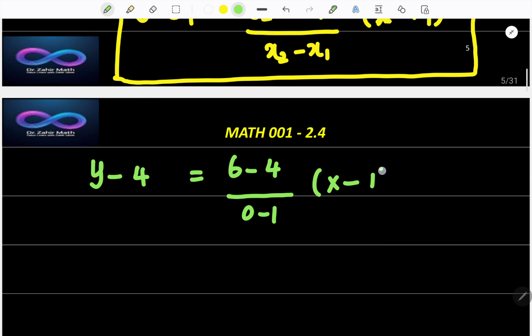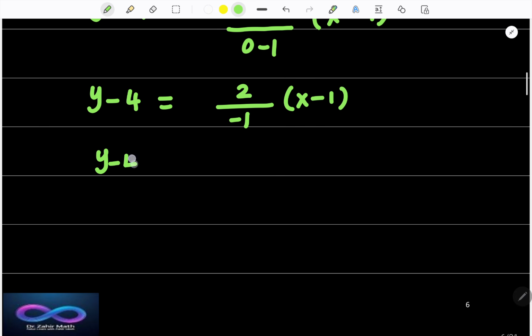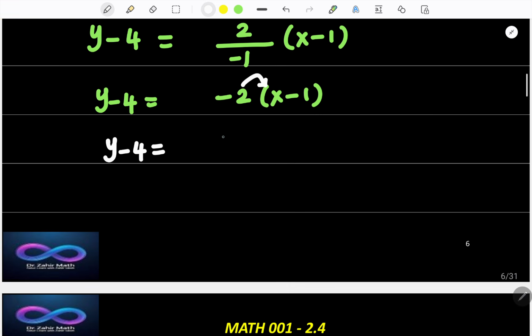What is your x1? 1. Now we need to simplify this. Y minus 4 equals 6 minus 4 is 2, divided by minus 1, times x minus 1. So y minus 4 equals 2 divided by minus 1, which is minus 2, times x minus 1. So y minus 4 equals minus 2 multiplied by this is what?